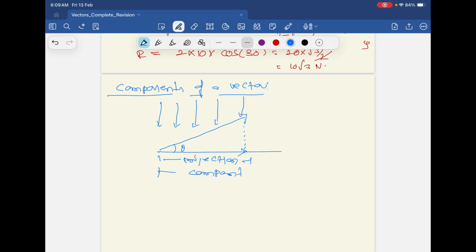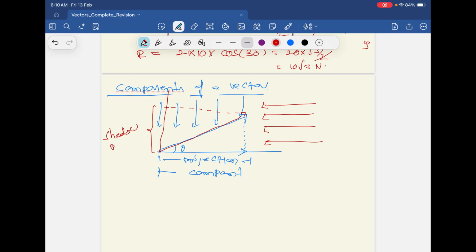Clear? Now say we have a vertical wall here like this. Same pole is standing like this. What you do? You shine the light or switch on the torch light like this. Where does the shadow fall? Its shadow falls on the vertical wall. So this intercepting length is called, in local language, shadow, in scientific language, projection, and in mathematics and physics we call component.